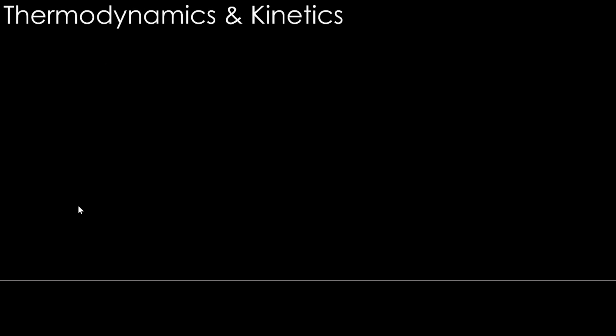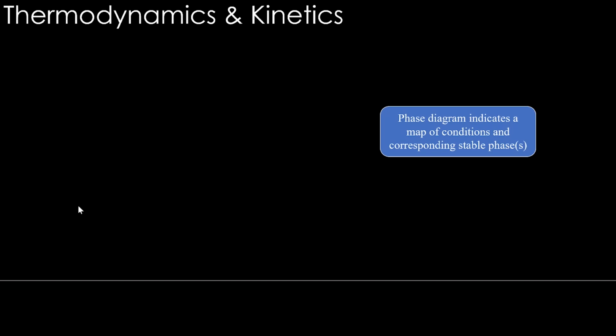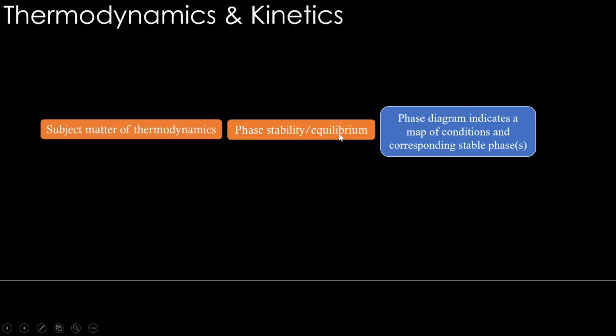To summarize our understanding over the last few classes, phase diagrams indicate a map of conditions and corresponding stable phases. Conditions in the sense of state variables, and corresponding stable phases. So this is called phase stability or equilibrium diagrams, and it's the subject matter of thermodynamics.